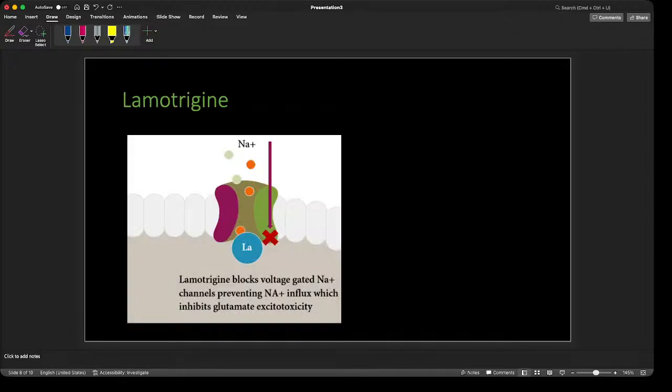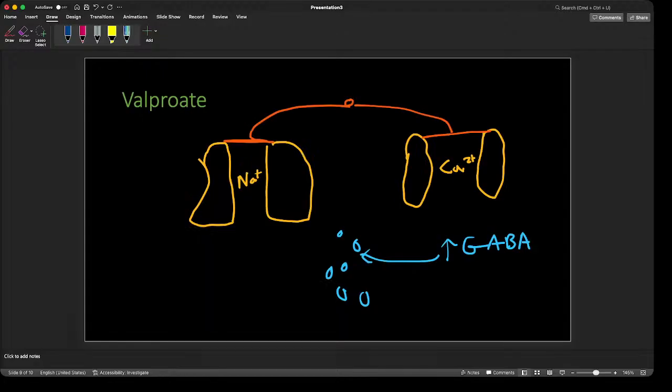So lamotrigine, which blocks again the sodium influx, and then the valproate. Valproate is a little bit interesting too, as you can see, it kind of blocks both the calcium and the sodium.